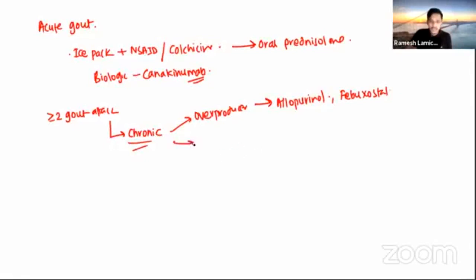If the patient is an undersecretor, then we can give a uricosuric drug that enhances excretion, that is probenecid.